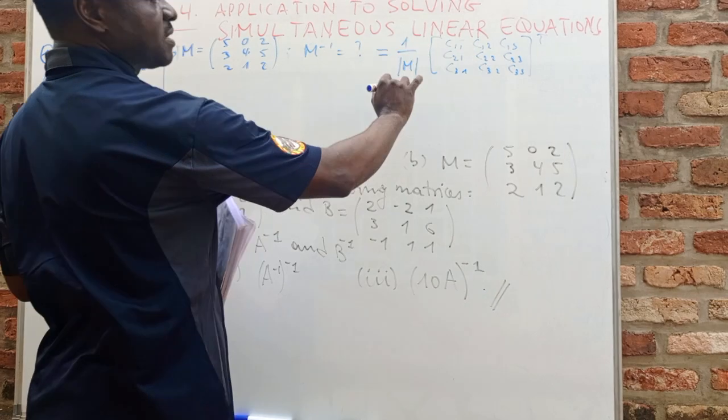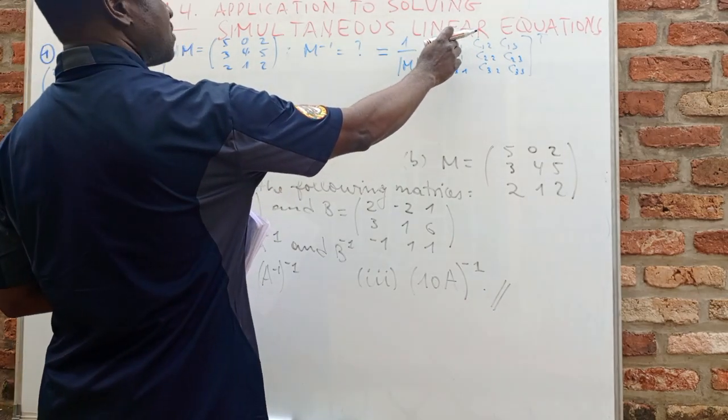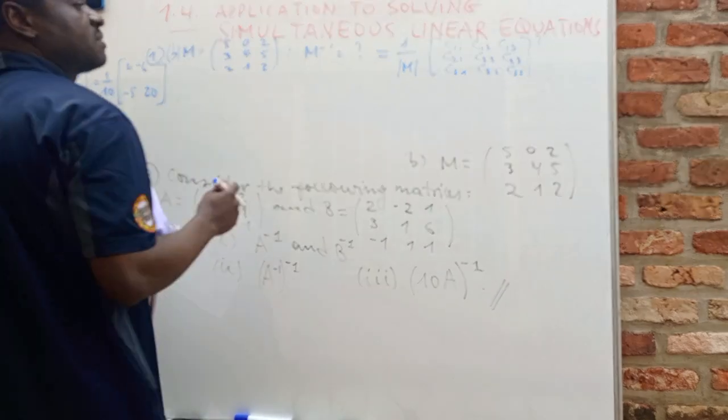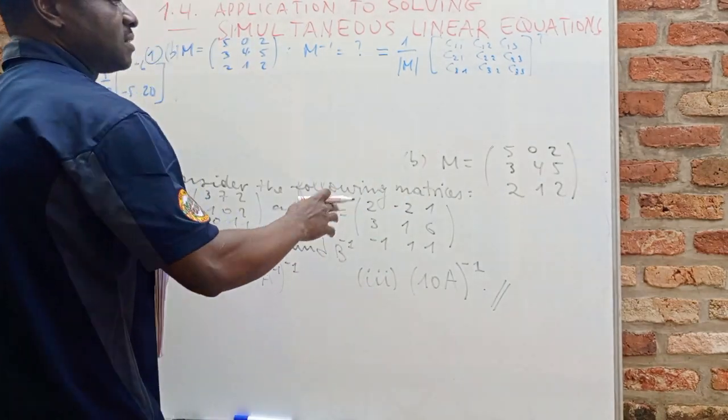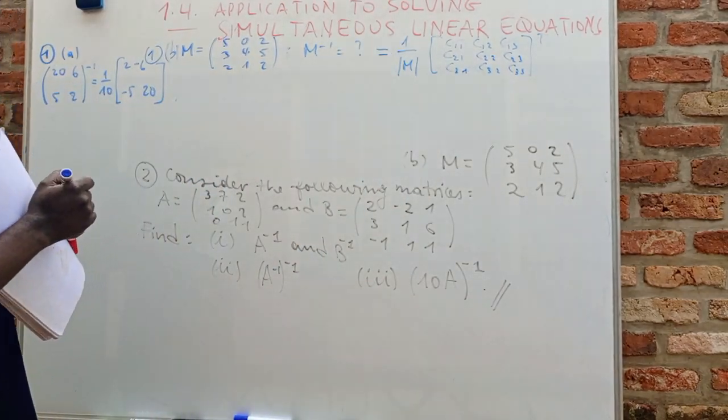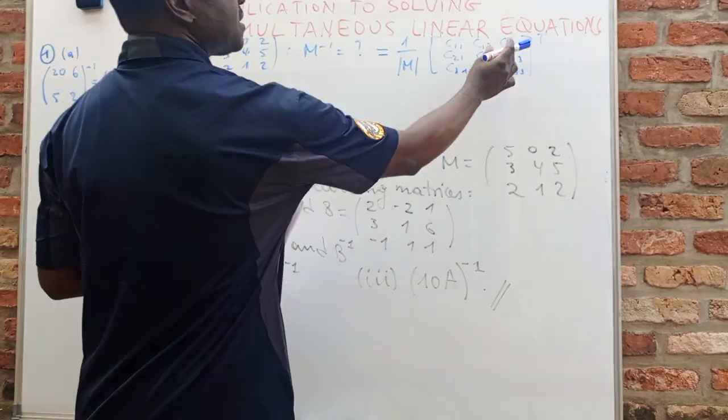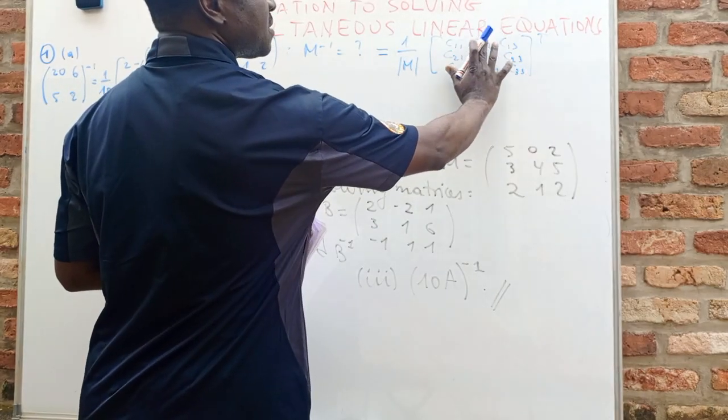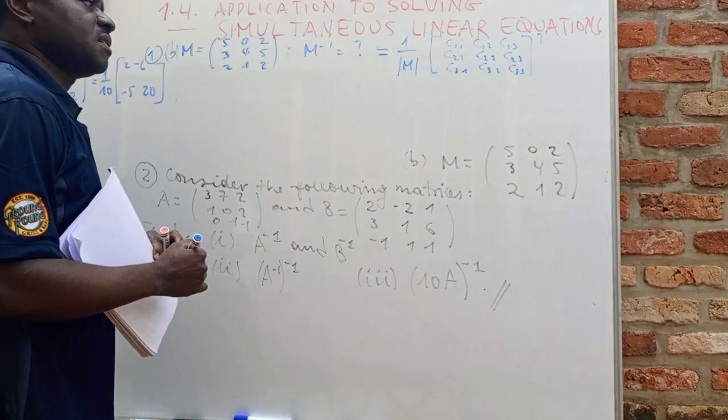If we get this matrix, this is the cofactor of the coefficient 5, and so on, depending on each coefficient here. After finding this matrix of cofactors, we are going to find the transpose.